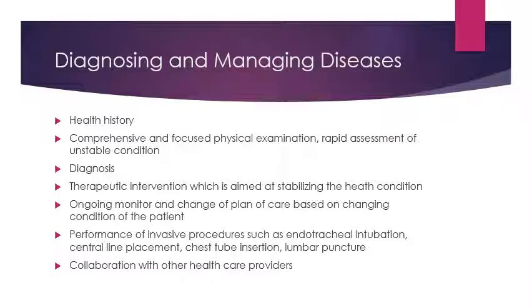And once the diagnosis is made, the next step is the intervention for the management of the acute disease, which includes ordering labs or diagnostic studies to confirm the diagnosis or look for a diagnosis. And after the lab and the diagnostic studies are done, the next would be prescribing the medication. And all these therapeutic interventions are aimed at stabilizing the patient condition.